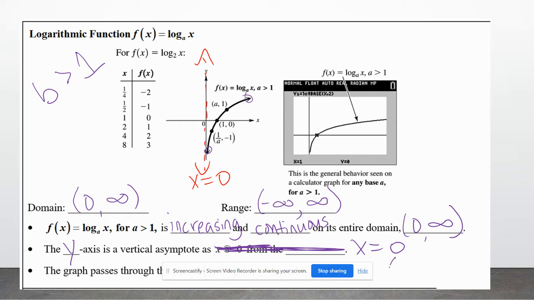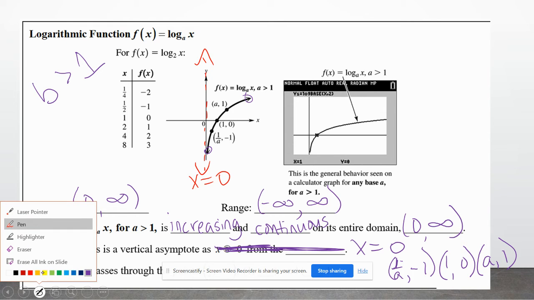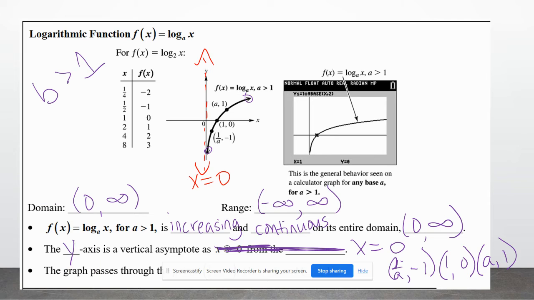And the graph passes through 1 over a, negative 1, 1, 0, and a, 1. So talking about inverses and opposites again, our exponential graph went through 0, 1. Our log graph goes through 1, 0.